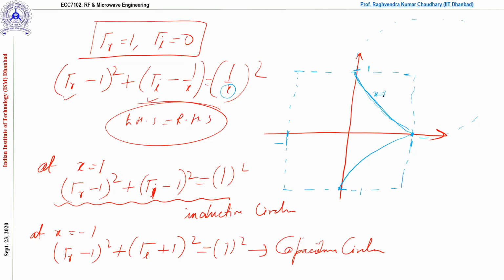Now if you take x is equal to 0.5, what is the radius? The radius will be double, and the circle will be like this. And if x is equal to 0, you can expect an infinite radius. It will follow a flat line like that. So this is x is equal to 0, and this is x is equal to 0.5. In a similar way, you can take minus 1, minus 0.5, correct?